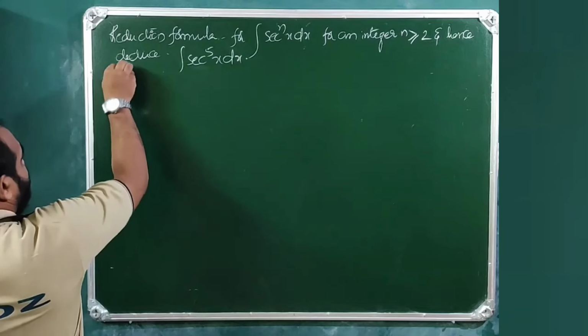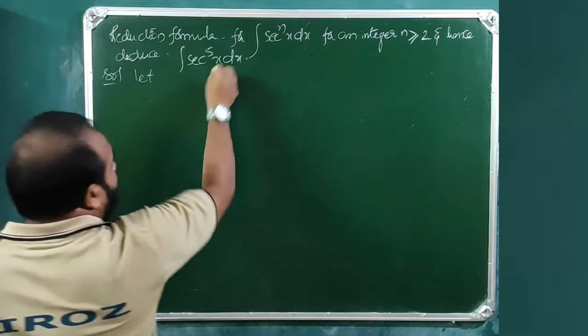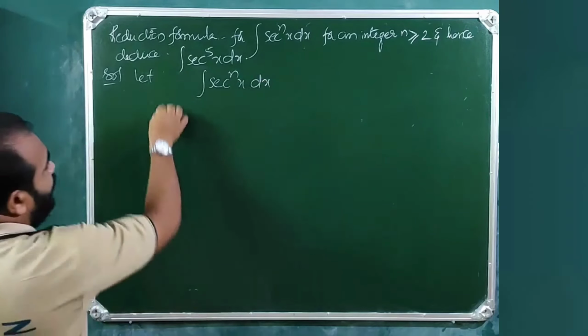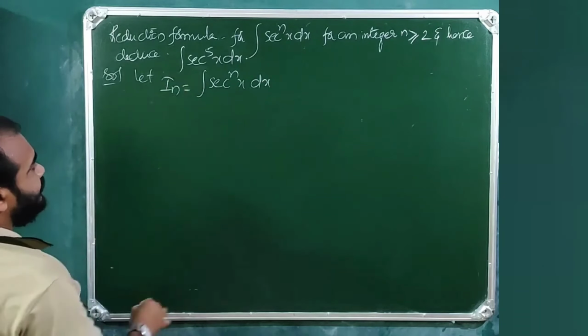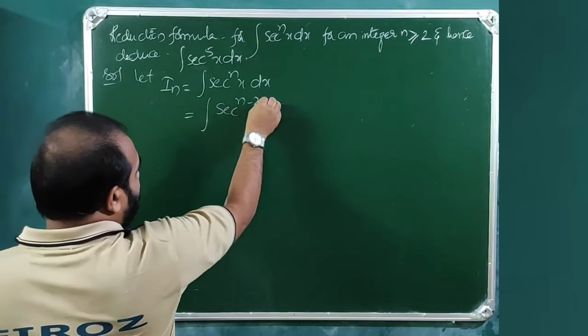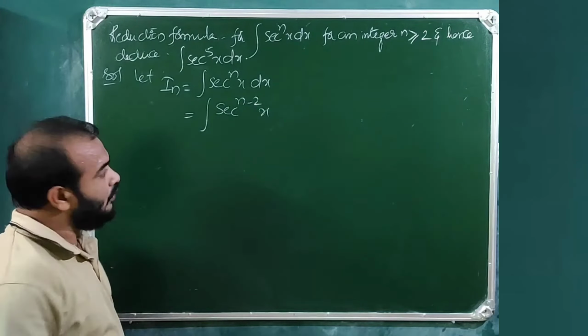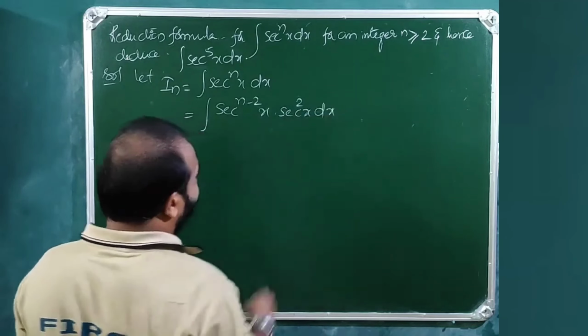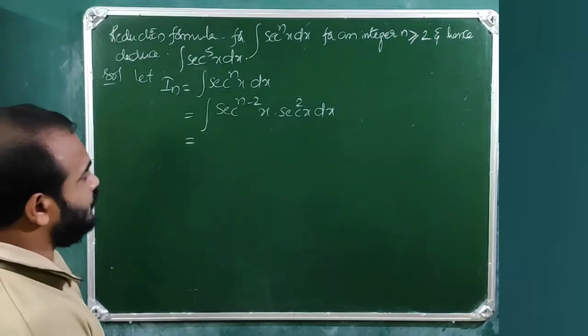So, first of all, let this integral secant power nx dx be taken as In. So this secant power nx is written as secant power n minus 2x into secant square x dx.